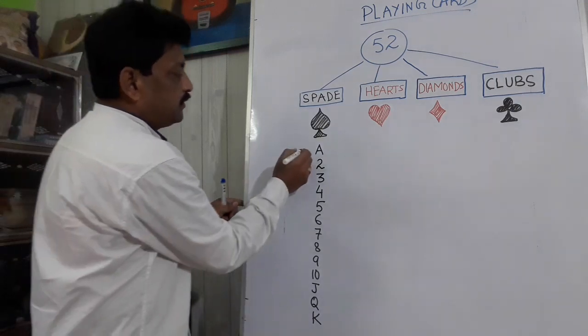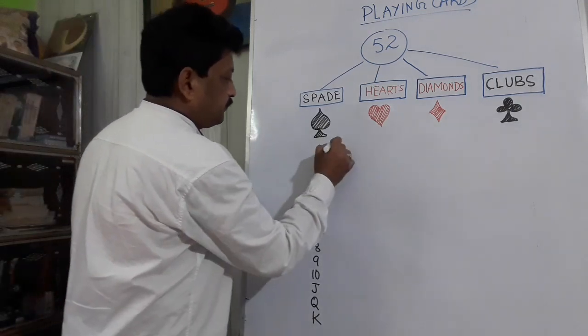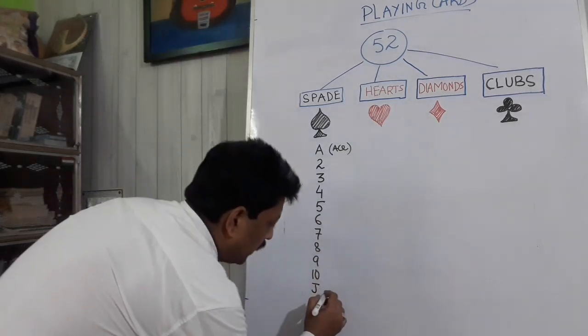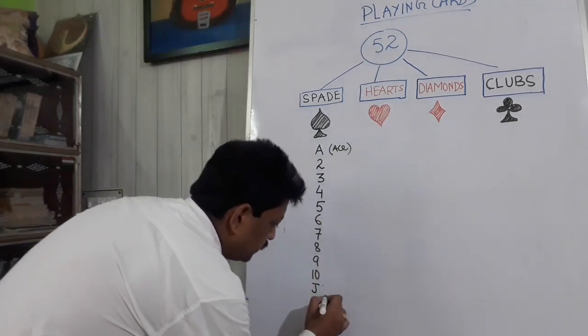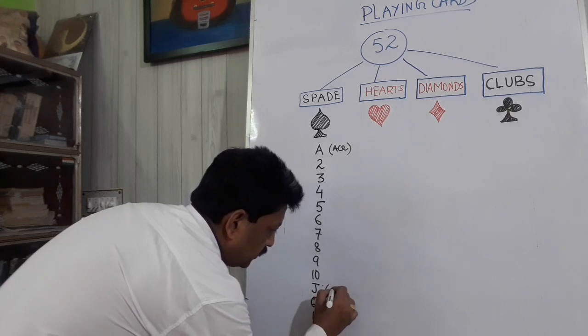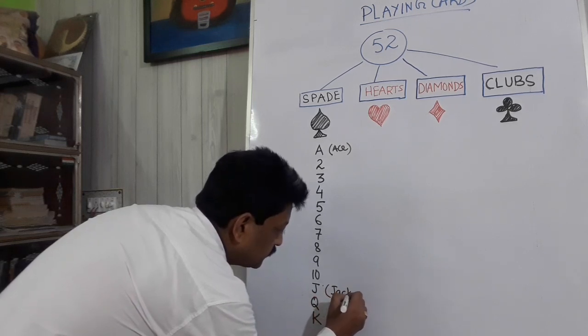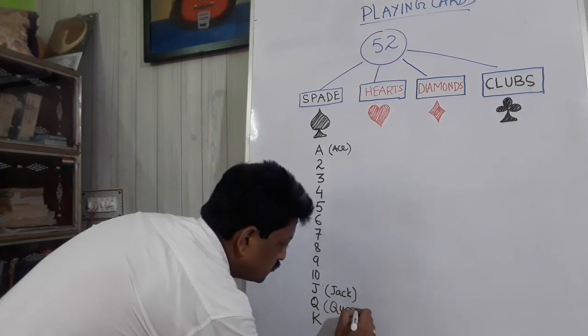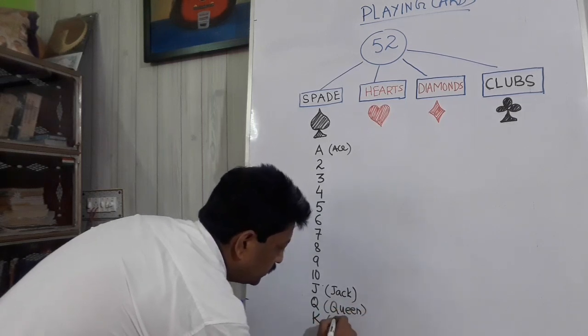The first one is known as the ace card, and the last 3, they are known as the face card. J is jack, Q is queen, and K is king.